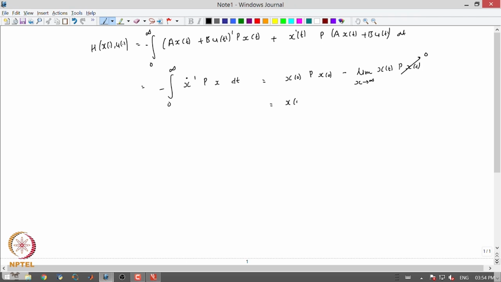The system is stable, so this goes to 0, and what I am left with is just x(0) transpose P x(0). So this functional is therefore a feedback invariant.